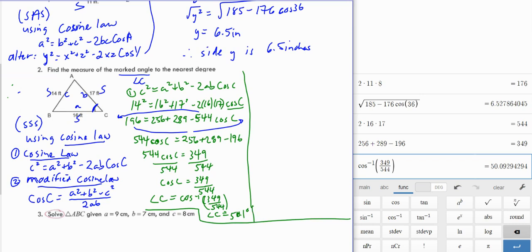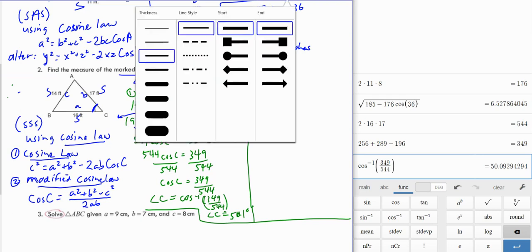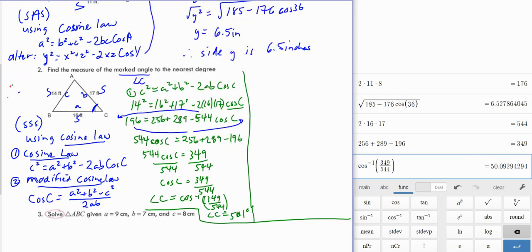All right, so that's one way to do it, using the cosine law with rearranging. So let's try the second way and see if it will save us some time by using the modified version at the start. So let's try step 2. Starting off, cos C equals a squared plus b squared minus c squared all over 2ab.